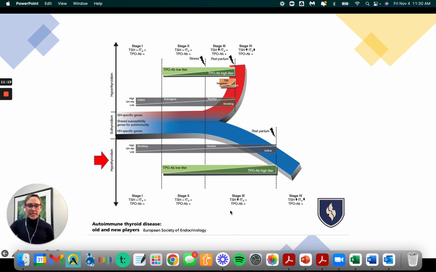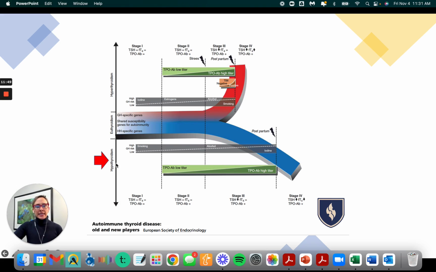So this is a great schematic that came from the European Society of Endocrinology, a great paper, and it talks about the progress of thyroid dysfunction. If you look over here at stage 1, your TSH is normal, your free T4 is normal, and your TPO antibody, which is one of the antibodies that we test for looking for autoimmune disease, is normal.